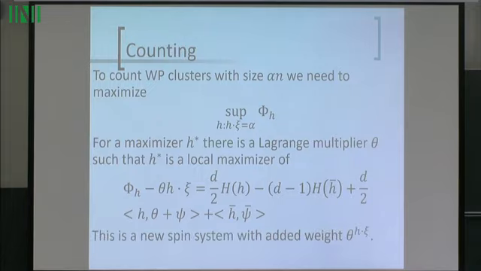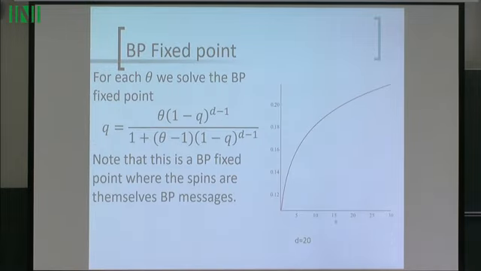So the weights are just theta to the power of the size of the independent set you get, which is basically exactly what you do in the hardcore model, where we would have had lambda to the size of the independent set, and then we want to choose a value of theta such that the maximizer of this has density alpha. Okay, so we have a new spin system. We can write down the belief propagation equations for this one.